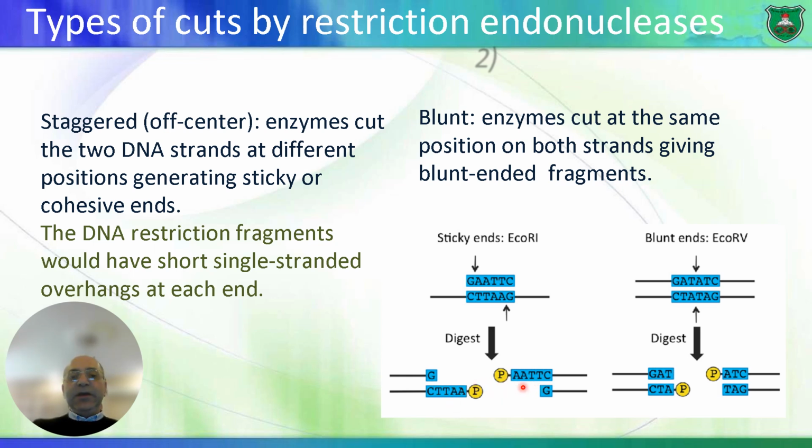So you have TTAA, and here you have TTAA. So the AA here can hydrogen bond with the TT right here. The TT here can hydrogen bond with the AA right there. So these are known as cohesive ends. Okay, now I'll tell you later on that these hydrogen bonds are reversible, right?